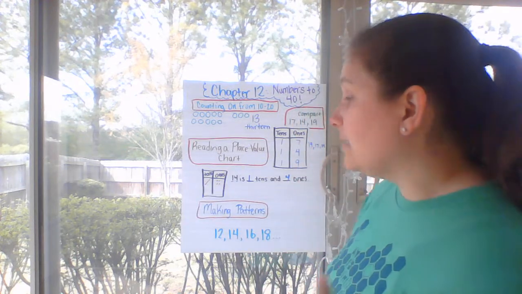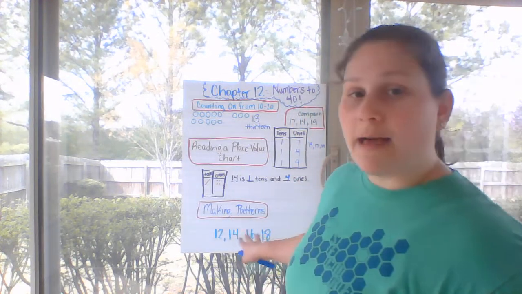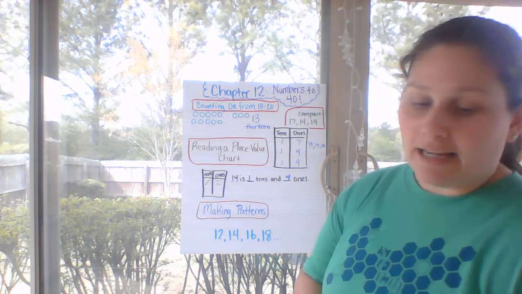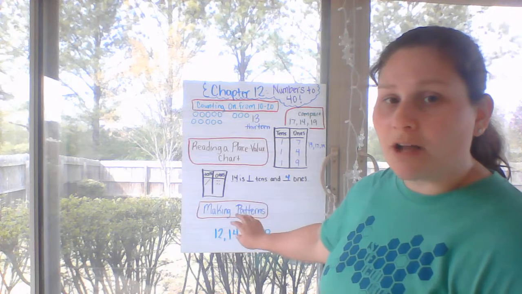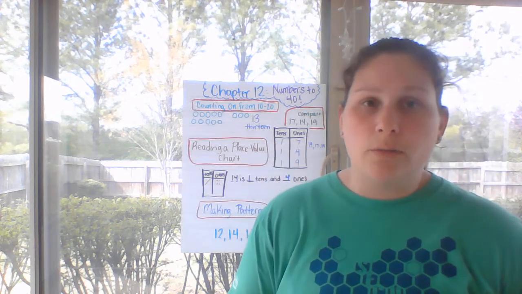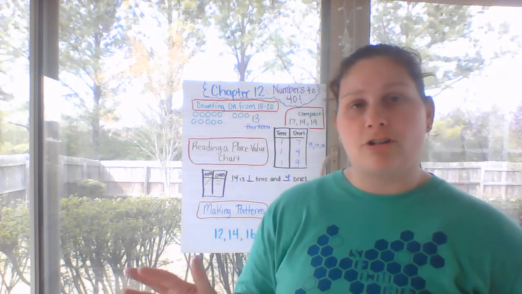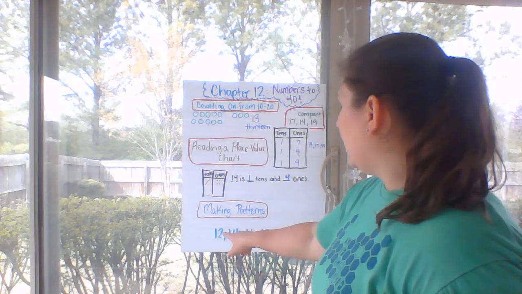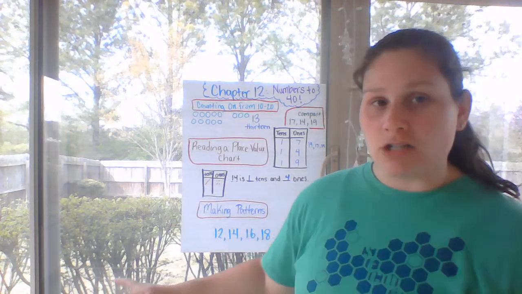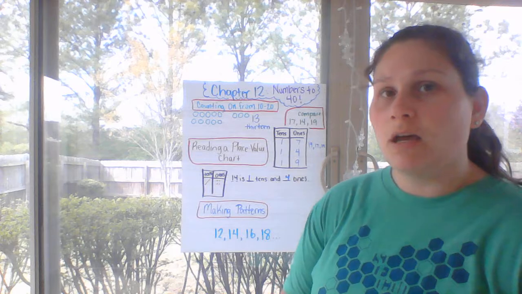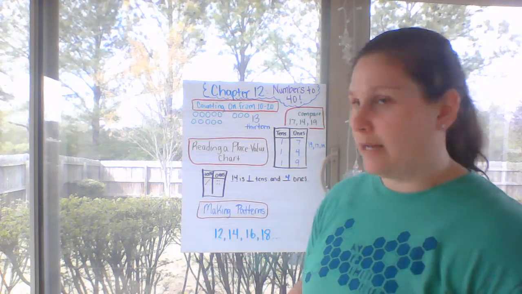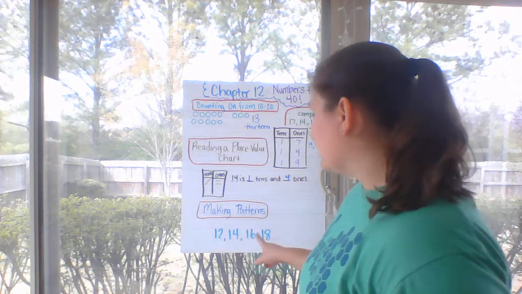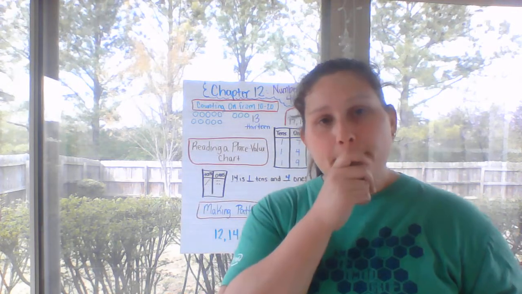All right, last thing to just review is going back to patterning. Okay, so you need to be able to understand patterns of smaller numbers because they're going to give you patterns in those larger numbers. So here, I'm going to really pay attention to my tens and my ones. So I've got this pattern, very easy one that you all can do simply. 12, 14, 16, 18.